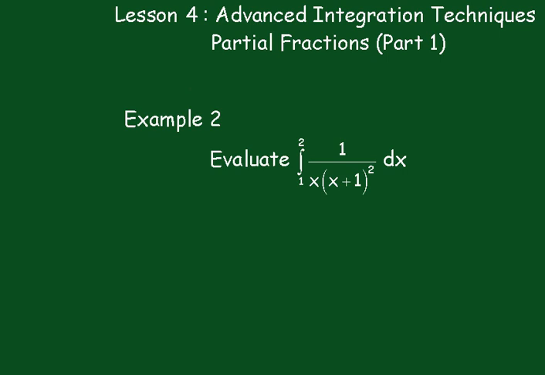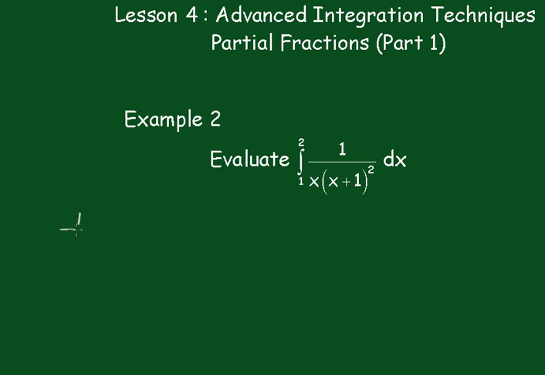Okay, example 2: evaluate the integral between 2 and 1 of 1 over x outside of (x plus 1) all squared dx. Now this is a partial fraction type, so we'll look at the part in here.